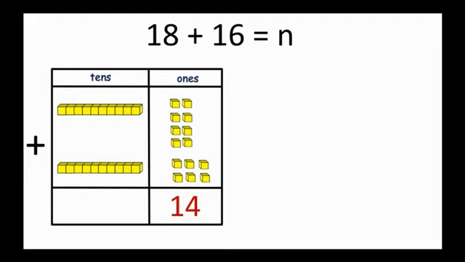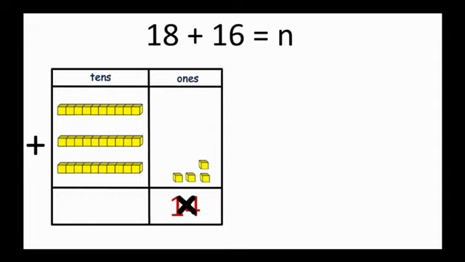Let's make a group of 10. Okay? So, since we can still make a group of 10 from the 14 blocks, then we will now put together the 10 blocks to make a group of 10 and transfer it in the tens place.